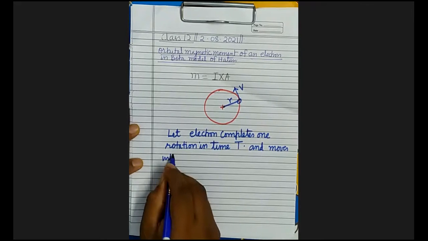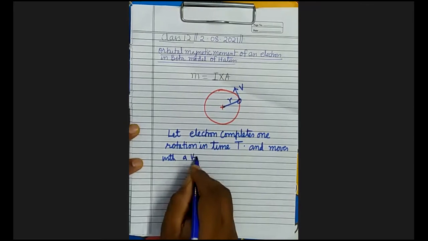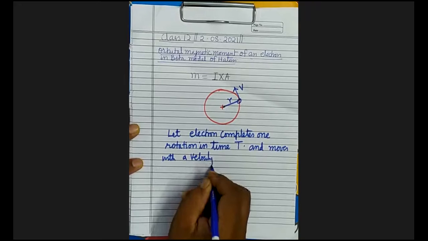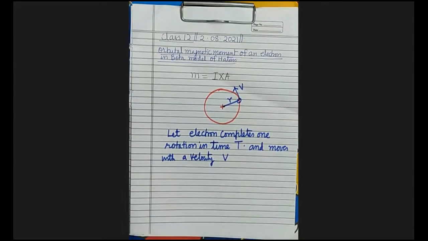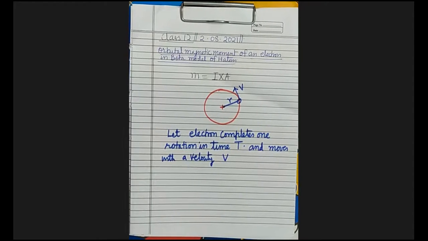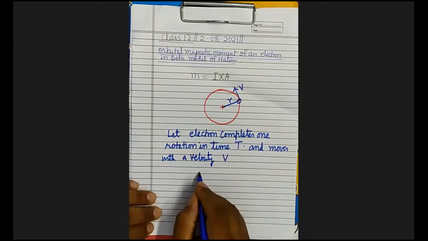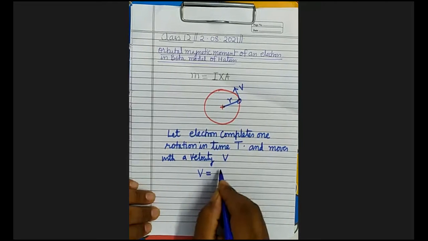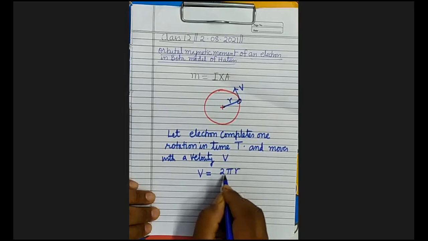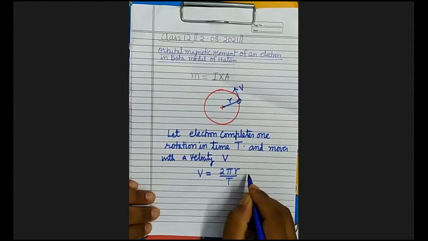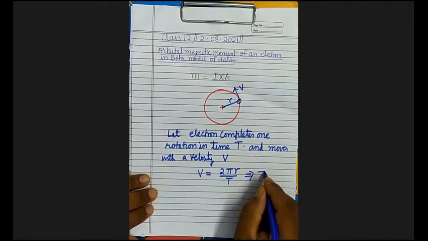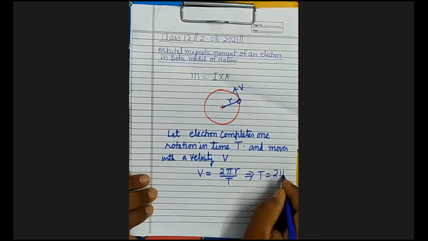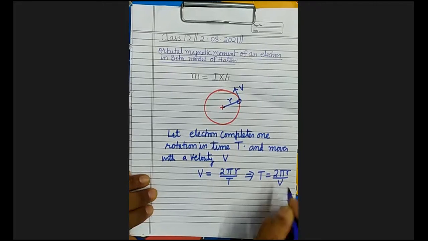From here, v equals 2 pi r upon T. Velocity equals distance covered upon time taken, that is 2 pi r upon T. Means T will be equal to 2 pi r upon v.